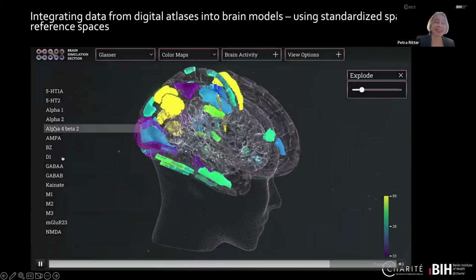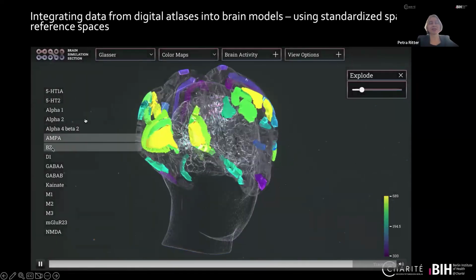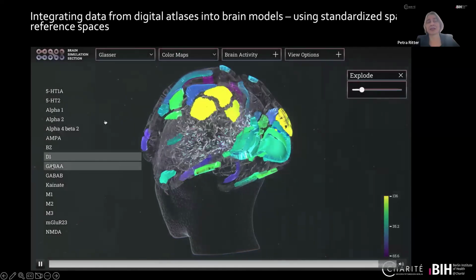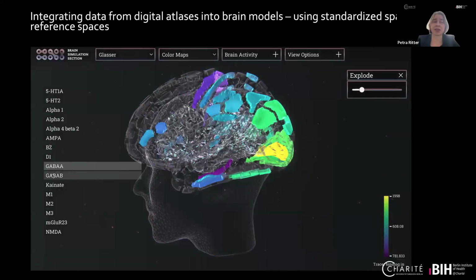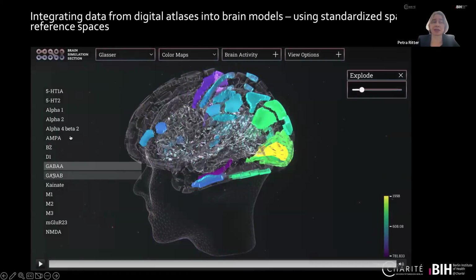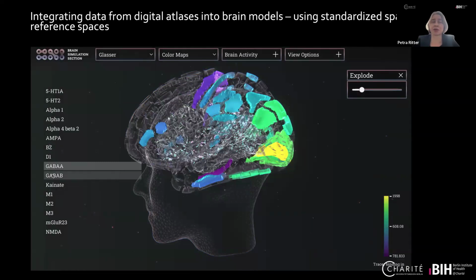Here you see the receptor distributions, for example, and through the API, the Python interface that they are providing, we can use this additional information that comes from the post-mortem brains and integrate it in our brain network models to make them even more biologically plausible.